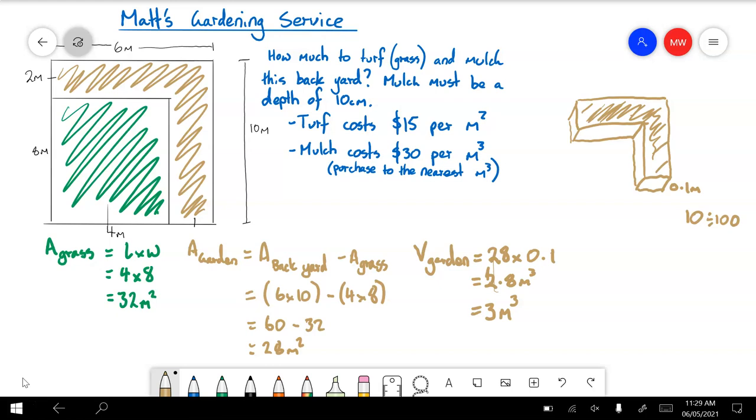We'll just skip over here now and we'll say, right, so to answer this question, the cost of grass will be its area, which is 32, by its cost, which is 15, which will work out to be $480.